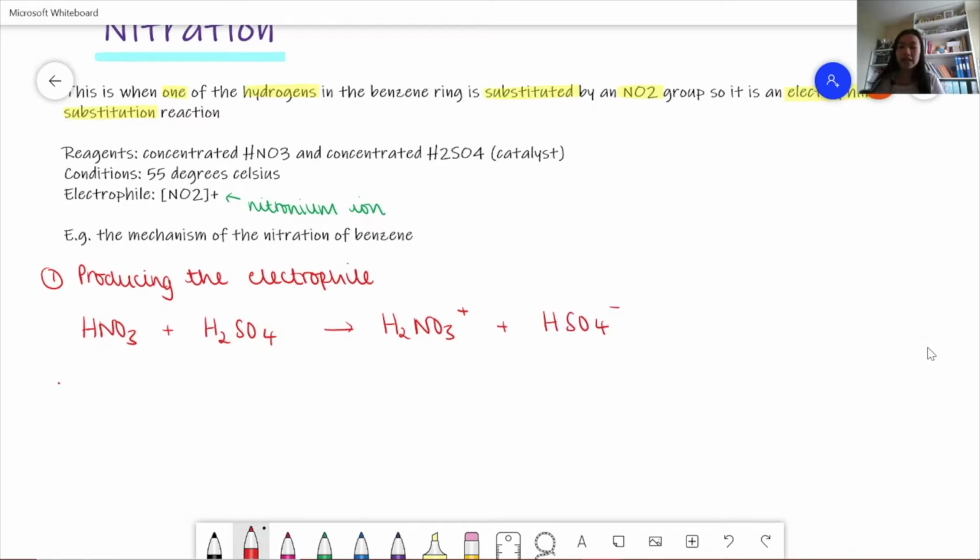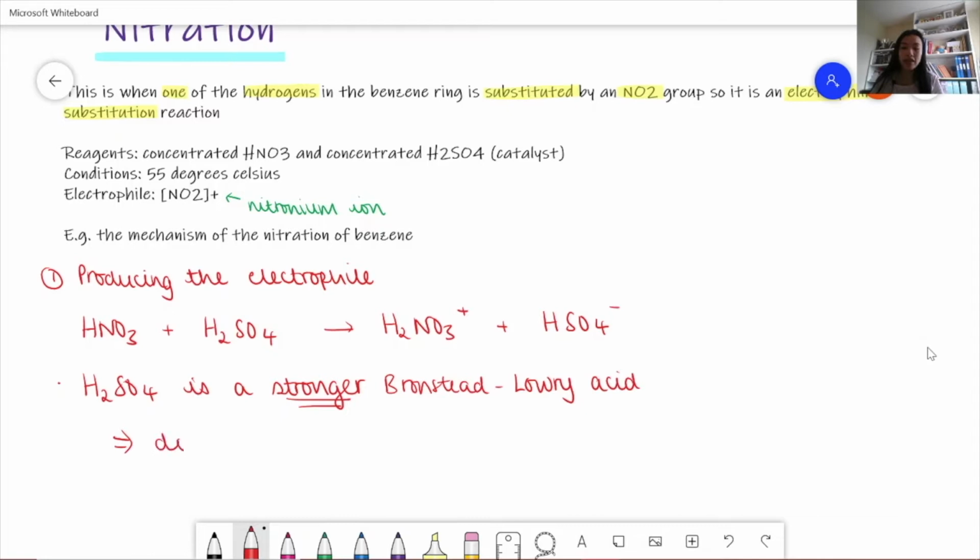So why this happens is that the sulfuric acid is a stronger Bronsted-Lowry acid, and so that means that it donates a proton or a H+ to the HNO3. So what happens is that H2SO4 is acting as the acid and HNO3 is acting as a Bronsted-Lowry base, so it's accepting a proton.